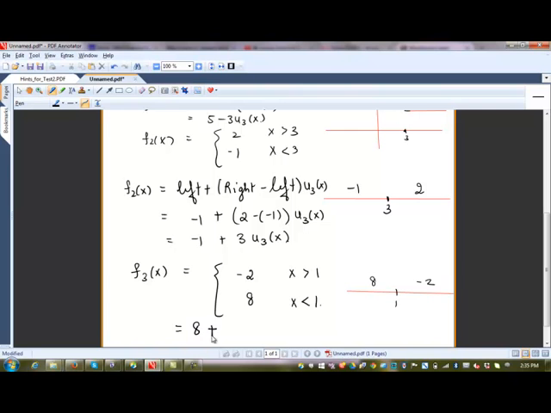So you add 8 to the u1 function. Now to balance it for x bigger than 1, the function is taking the value minus 2 and u1 is taking the value 1. So 1 plus 8 will be 9, but you don't want 9, you want minus 2. So now you are getting 9 and you want minus 2, so what will you do?